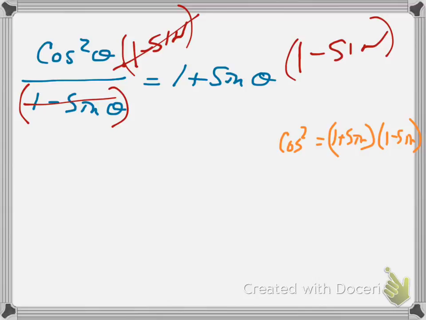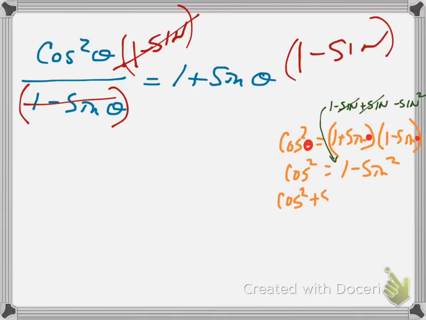When you multiply conjugates, you don't have to do FOIL, you just do the ones and the signs: 1 times 1 and sine times negative sine, which is 1 minus sine squared. Which again looks very familiar. I'm going to add the sine squared over to the other side, and cosine squared plus sine squared is equal to 1.